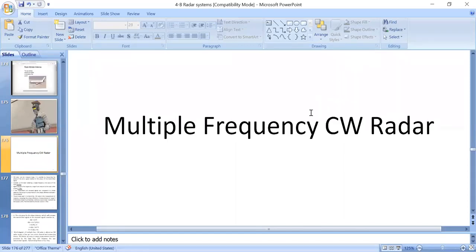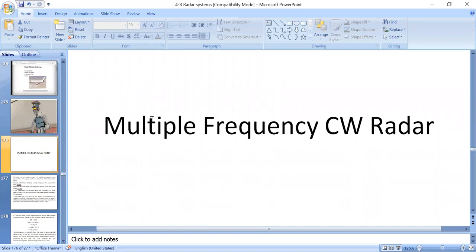Here, what are those modifications? Range is calculated by using phase difference information, right? And why is it called multiple frequency? Because instead of transmitting a single continuous wave, we are transmitting more than one continuous wave at different frequencies. So that's why it is called multiple frequency.